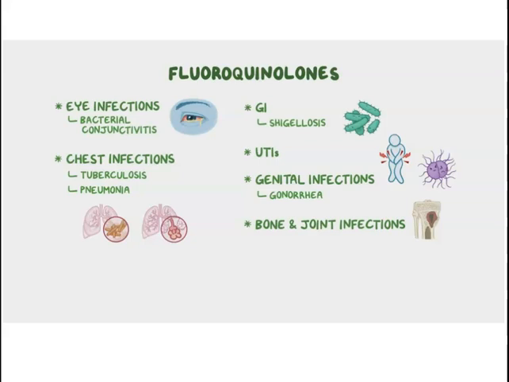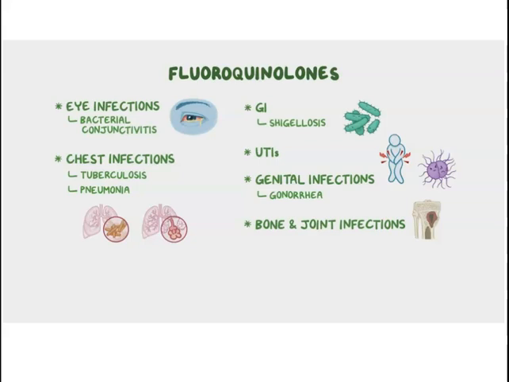They're also called the quinolones, okay? So these are the medications that end in floxacin. The most common one to be used would be ciprofloxacin. These fluoroquinolones can also treat anthrax, which is pretty interesting.